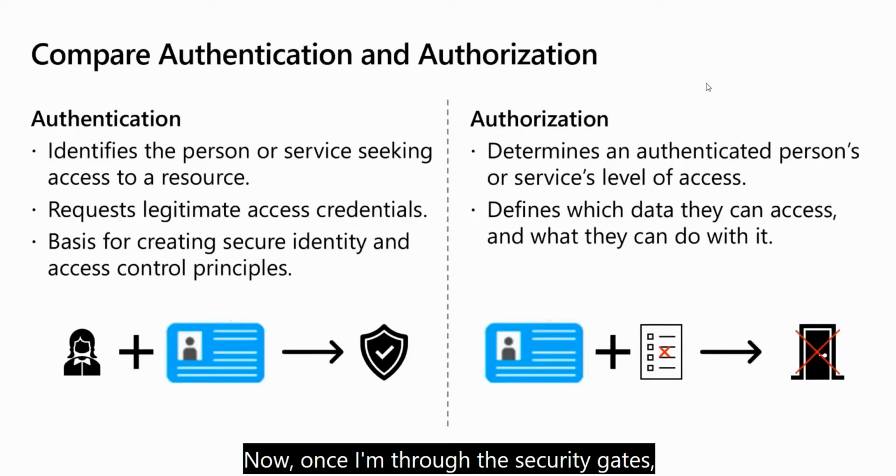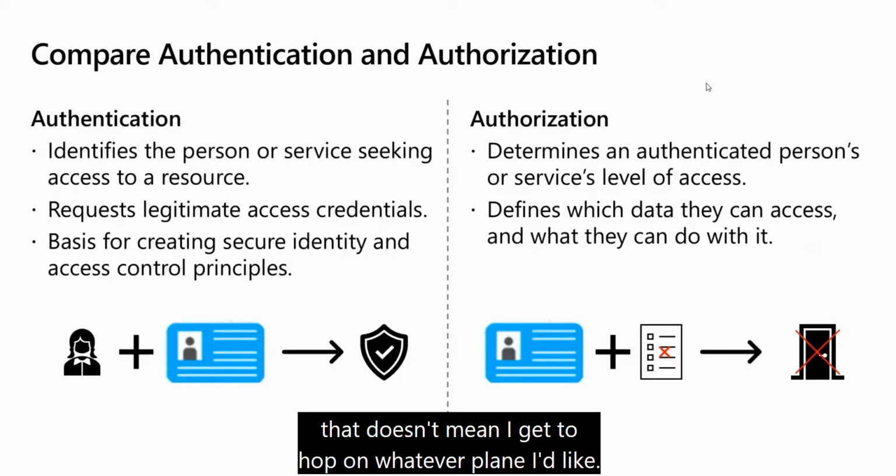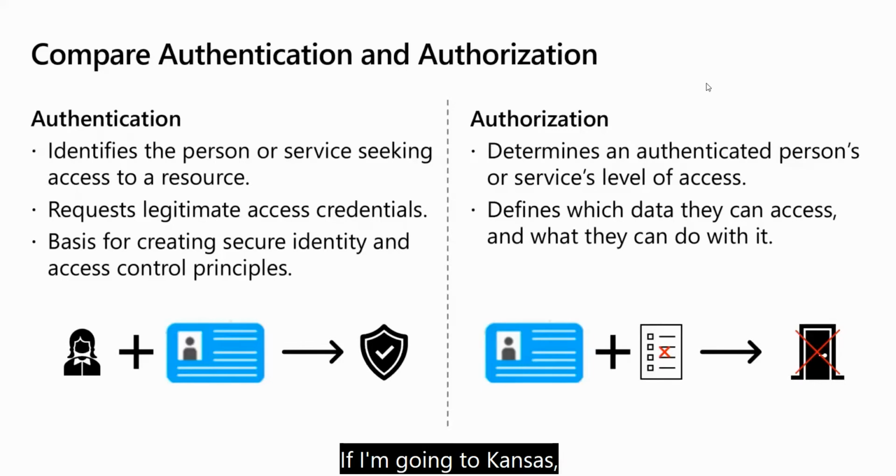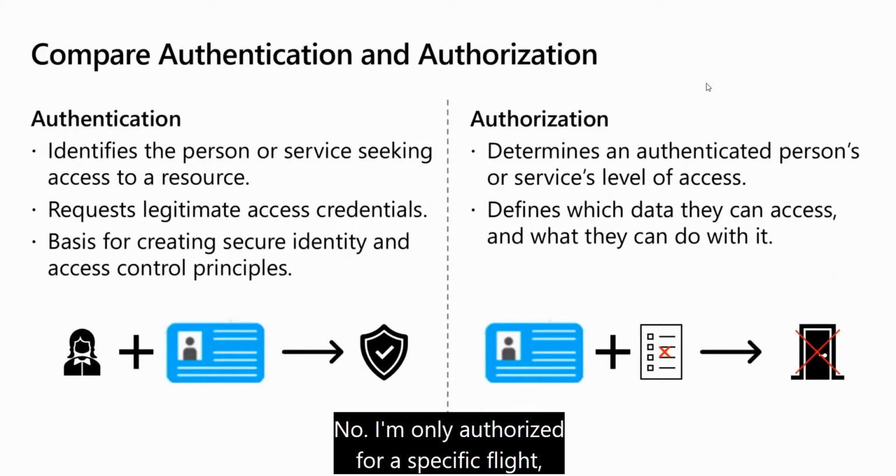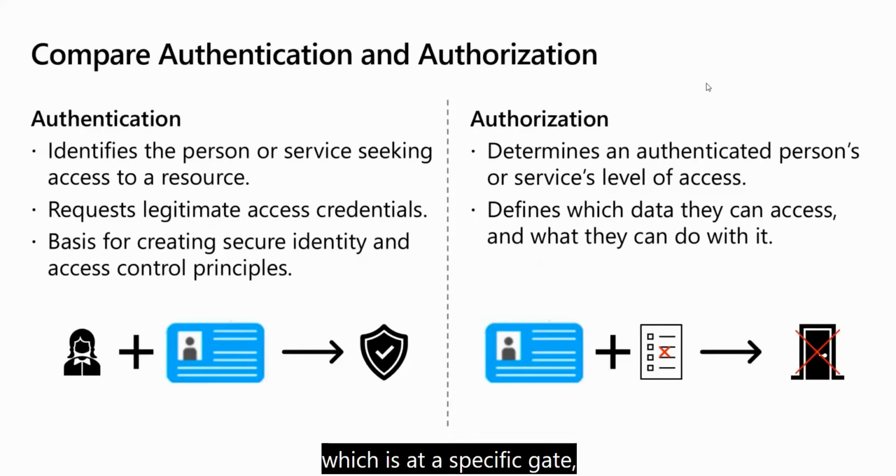Now, once I'm through the security gates, that doesn't mean I get to hop on whatever plane I'd like. If I'm going to Kansas, I can't change my mind and say, you know what, I'm going to go to Bali. No, I'm only authorized for a specific flight, which is at a specific gate, on a specific plane at a specific time. And guess what?